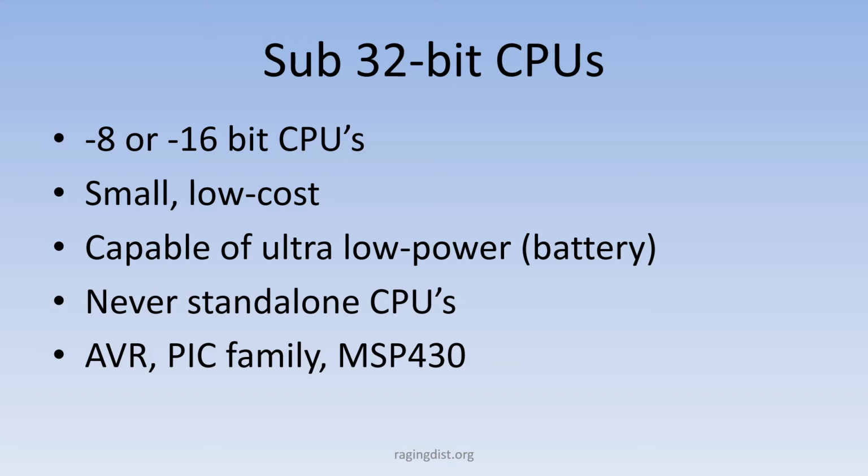But for new designs that don't draw on all this stuff, people are probably going to choose 16 or 32-bit CPUs. So the 8-bit CPUs, I'm just going to toss those out. They're too small to put any type of RTOS on, so I'm not concerned with them. 16-bit CPUs I'll cover later.